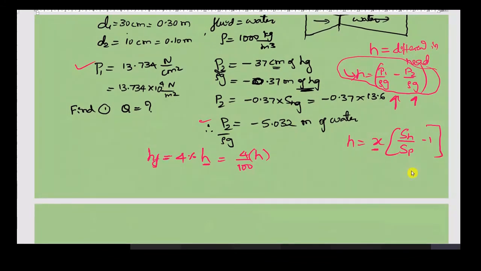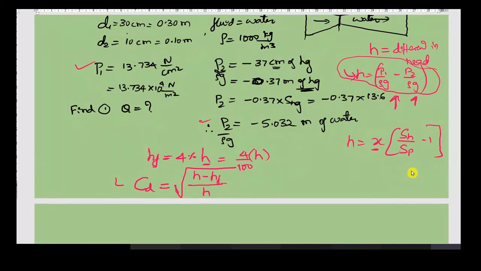But here particularly he is asking the value of CD. The formula for calculating the coefficient of discharge CD is equal to, you remember this formula, square root of (H minus HF) divided by H. It is not there in your curriculum, but sometimes in the industry they use it for calculating coefficient of discharge.